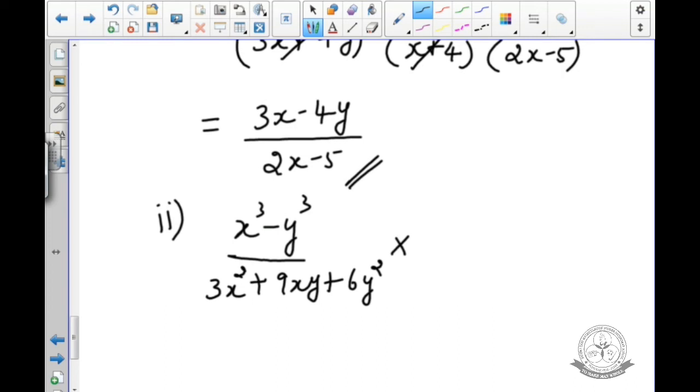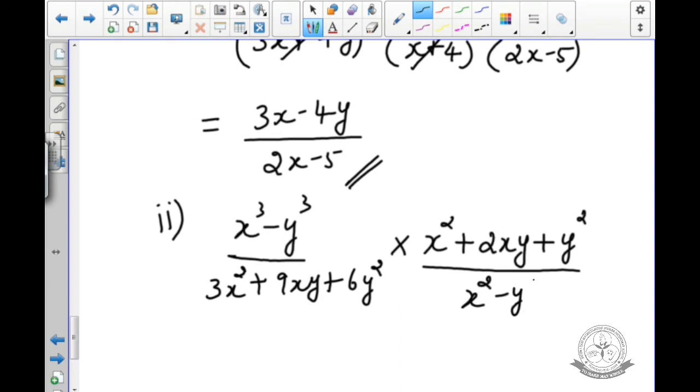x cube minus y cube divided by 3x square plus 9xy plus 6y square into x square plus 2xy plus y square divided by x square minus y square.